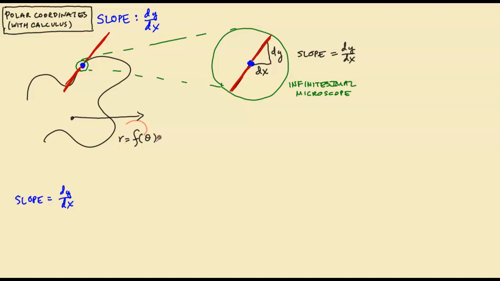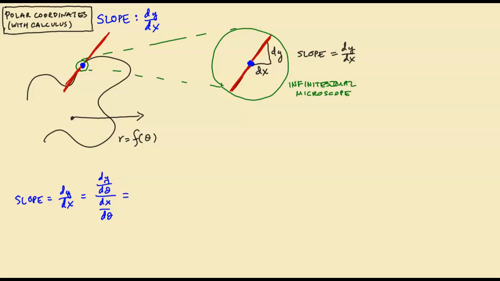We have r as a function of theta. Well, to inject theta, our actual independent variable here, into the slope, we're going to do a simple trick. Take this dy dx fraction and divide top and bottom by d theta. Now, instead of looking for the derivative of y with respect to x, we've got y with respect to theta and x with respect to theta.